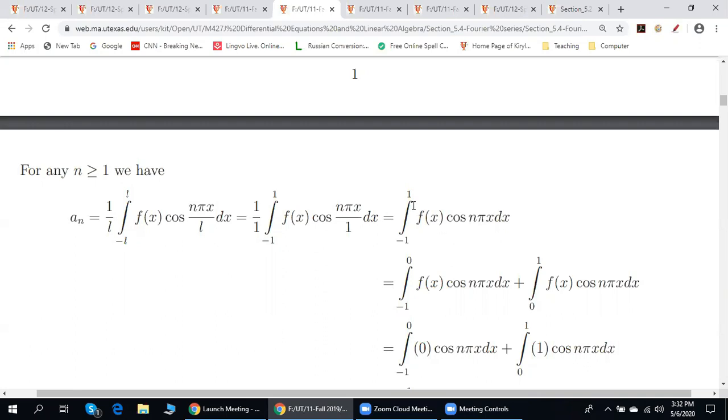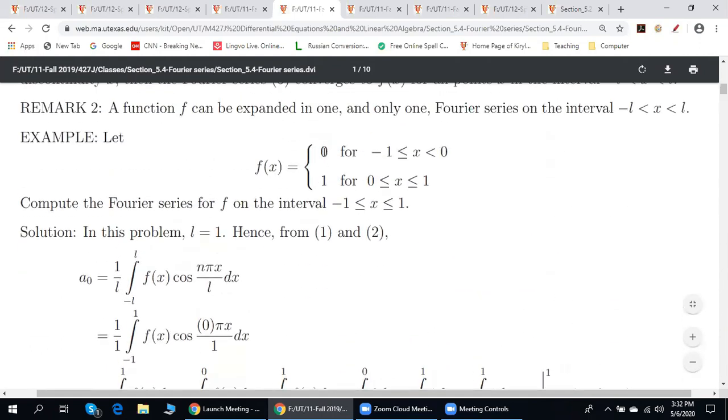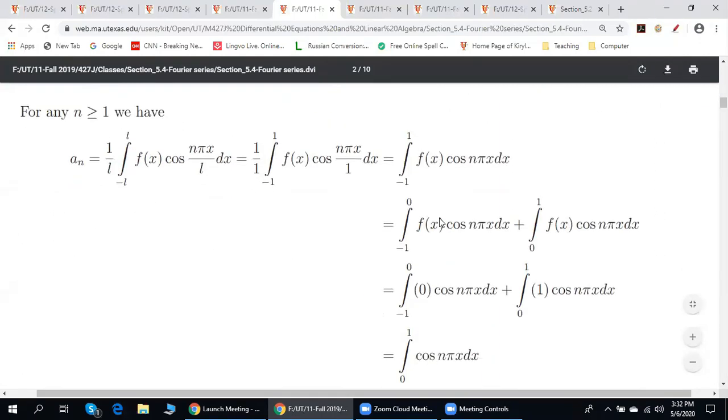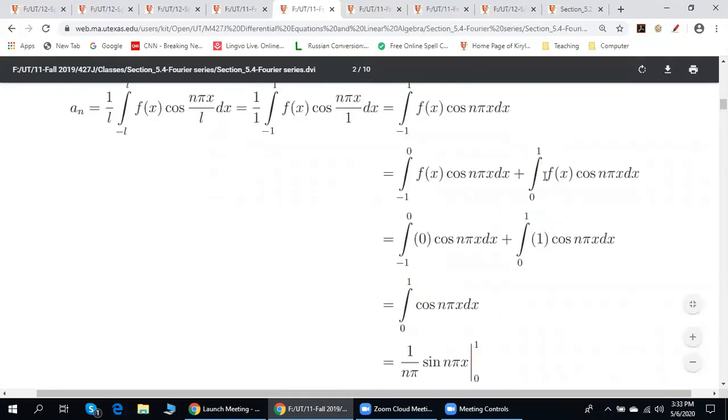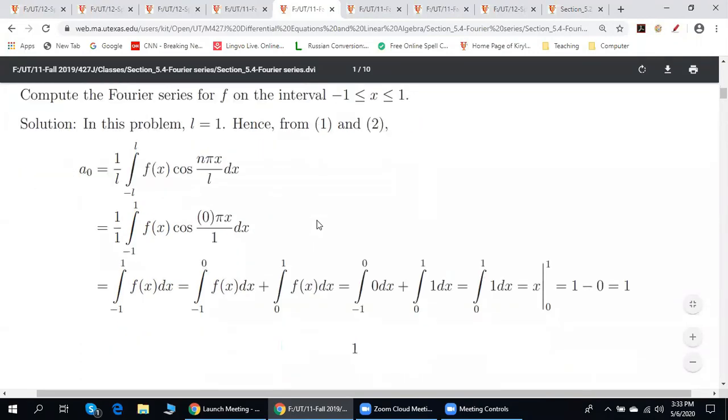Then we split this integral into two pieces. Over this integral, f of x is 0, according to what is written here. Over this integral, f of x is 1, according to what is written here.